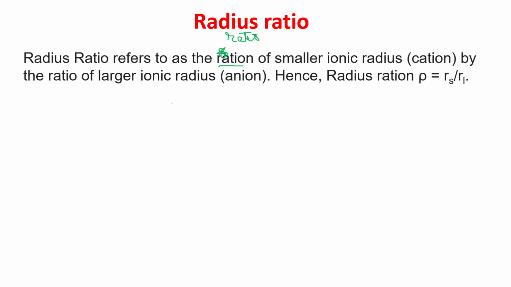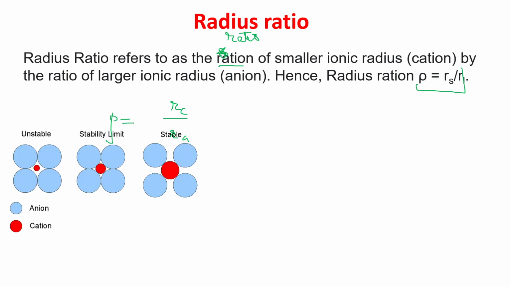That means radius ratio will be defined by radius of cation, cation is smaller, by radius of anion. Okay. See over here, it is also written rho is equal to radius of smaller cation by radius of larger anion. Anion is larger, no?